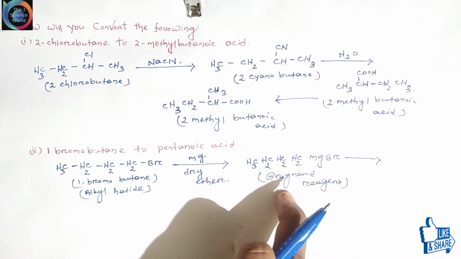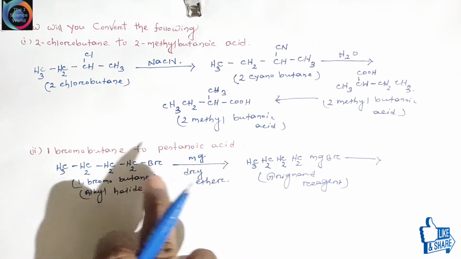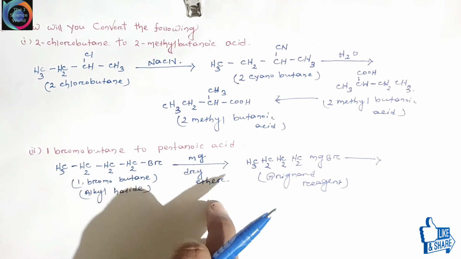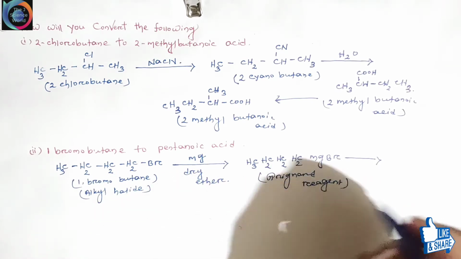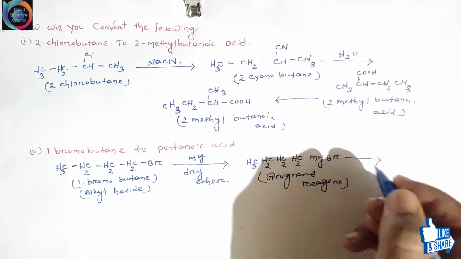A Grignard reagent is generally prepared by the reaction between magnesium and alkyl halides in dry ether, a solvent such as diethyl ether. Let's move on to the next step.